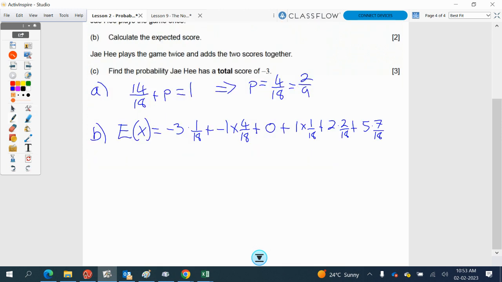You can simplify how you write that in because they're all over 18. So you can, if you want to type it into your calculator like that, that's fine.